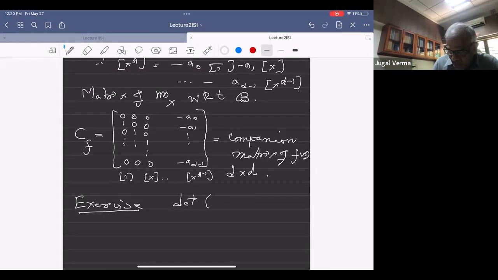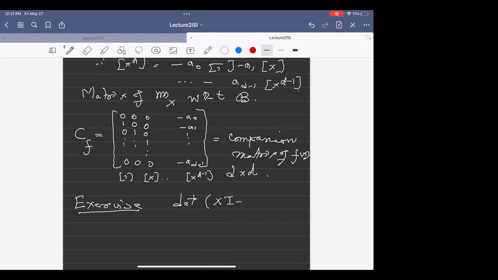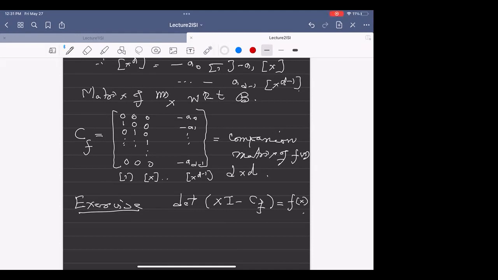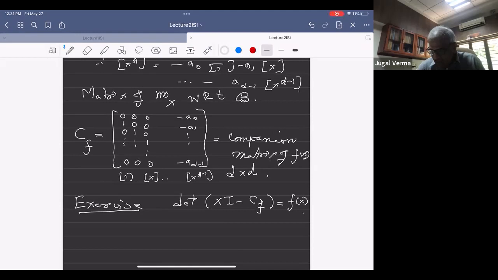Does anybody know what is the characteristic polynomial of the companion matrix? Yes, sir. It would be a0 plus a1 x plus ... plus a_(d-1) x^(d-1) plus x^d. It is f(x). Yeah, f(x). f(x) is the characteristic polynomial of the companion matrix of f(x).